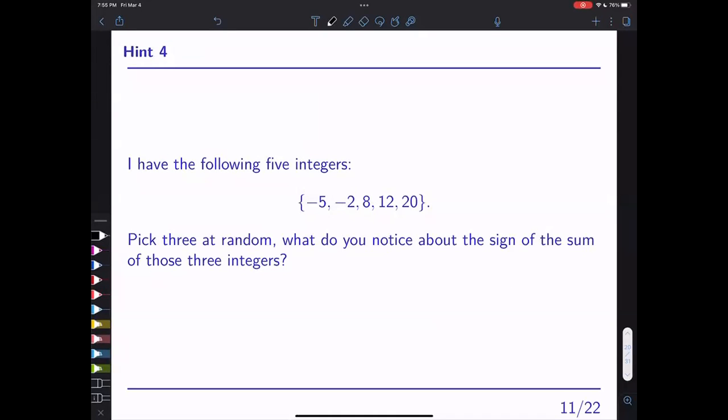I've got 5 integers here. -5, -2, 8, 12, 20, sure. If I pick 3 at random, what is always true about the sign of their sum if I add them together? Couple people getting it.